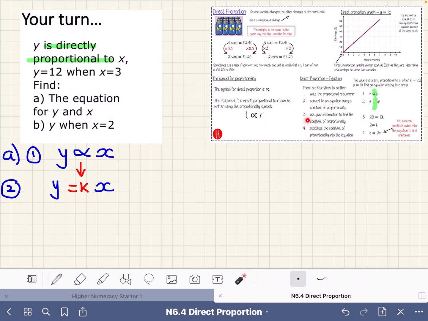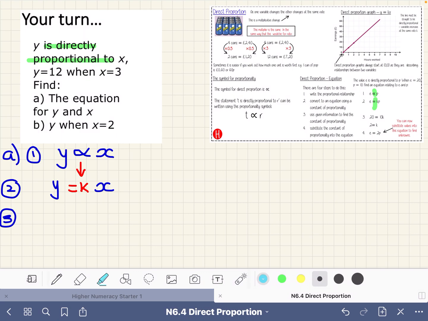Step 3, use the given information to find the constant of proportionality. We want to work out what k is, using the information they have given to you in the question. So y is 12 when x is 3.